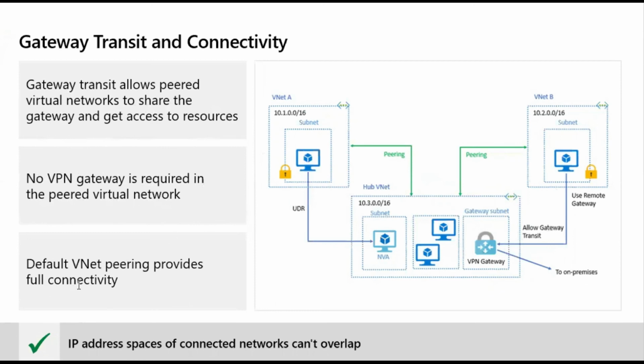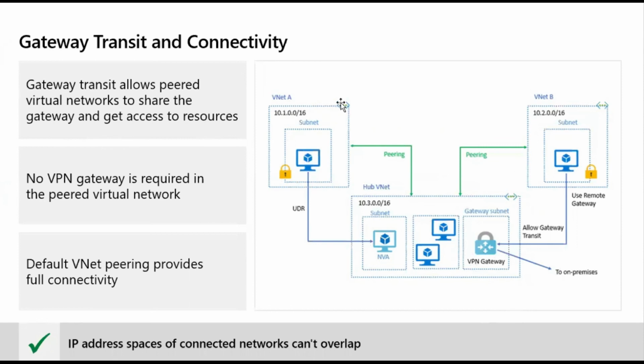Default VNet peering provides full connectivity. IP address spaces of connected networks cannot overlap. That means when you have one subnet here, another subnet here, and another subnet here, these different subnets cannot overlap when you create them. So this one has one subnet, this one another subnet, and this one another subnet.